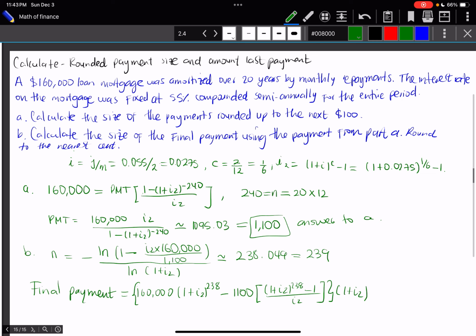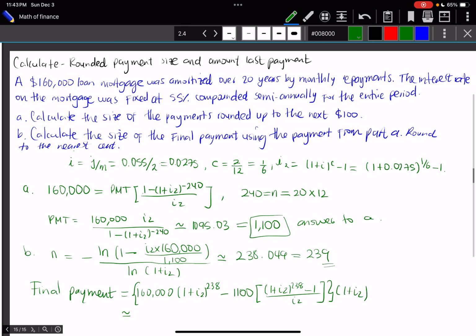This is a formula that we have from our chapter on amortization. To find the final payment, we compute the future value of the loan after 239 minus 1, so after 238 payments, minus the future value of the annuity after 238 payments, all that multiplied by 1 plus I2.